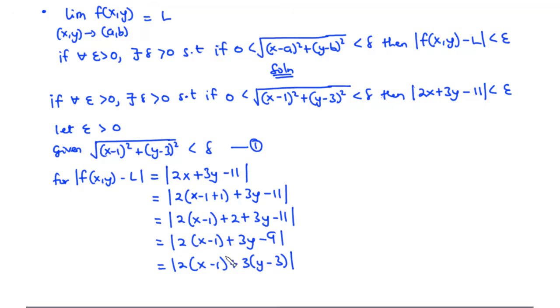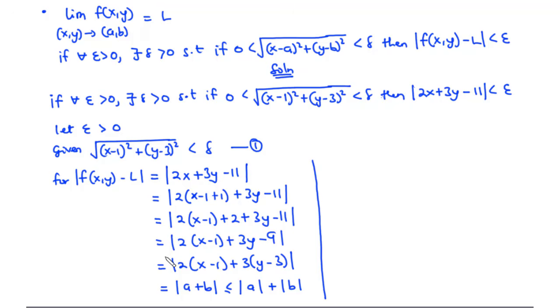Now at this point we can use one of the properties of absolute value to modify what we have here. Here we have the absolute value of 2 into bracket x minus 1 plus 3 into bracket y minus 3. So we can make this equal to the absolute value of a plus b. Okay, so this is a and that is b, and we say that this is less than or equal to the absolute value of a plus the absolute value of b.